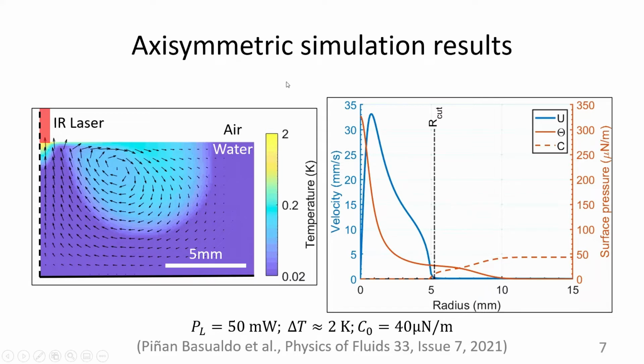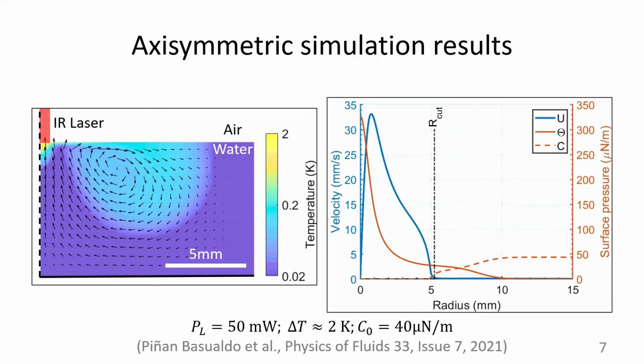Here to the right, you can see in blue the fluid velocity that reached up to almost 35 millimeters per second, and in orange you can see the surface tension change due to temperature in solid line, and due to surfactants in dashed line.